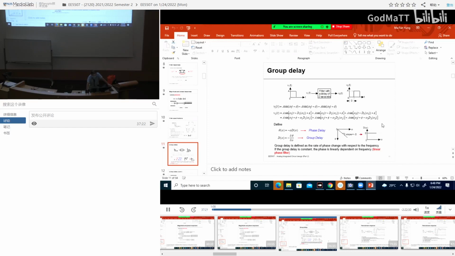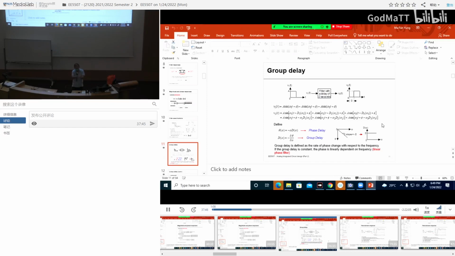So why is this group delay important? A circuit which has group delay, or which has linear phase, means that if I have different kinds of pulses going through my system, they will be equally delayed. All parts of my signal will be equally delayed, so my signal pulse will not get distorted.